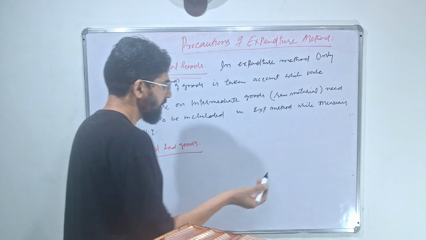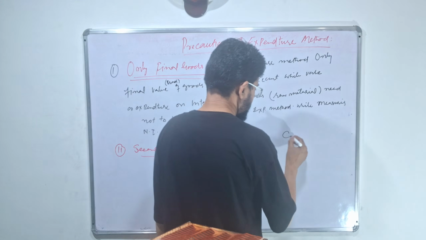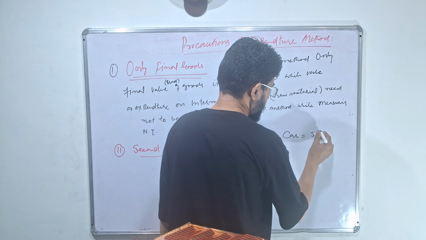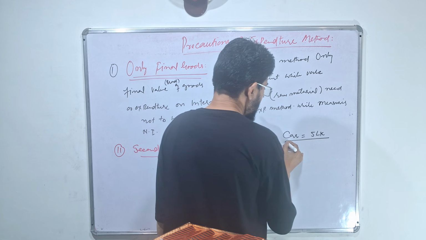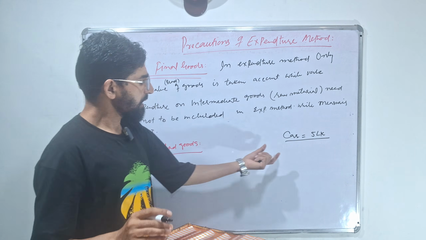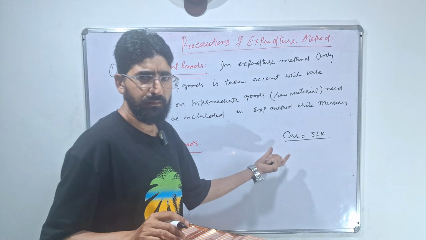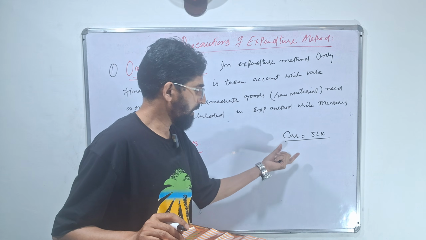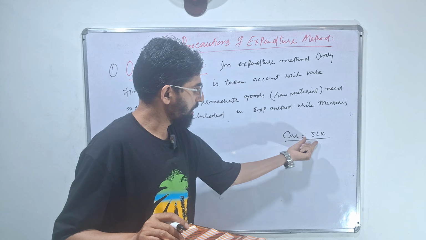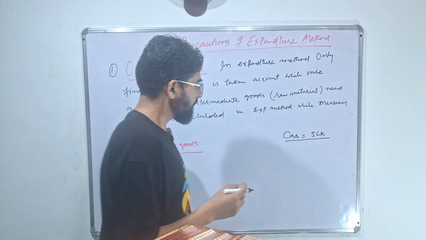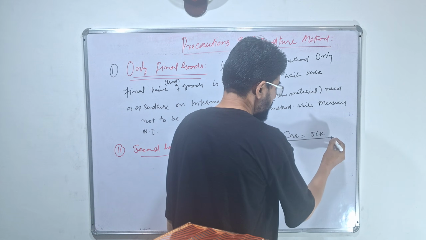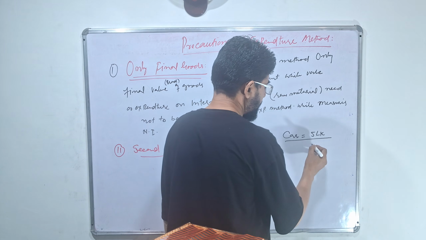For example, any person buys a car at 5 lakh. It is measured during the year, and when he bought it at 5 lakh, it is calculated. He sold it after 3 months.